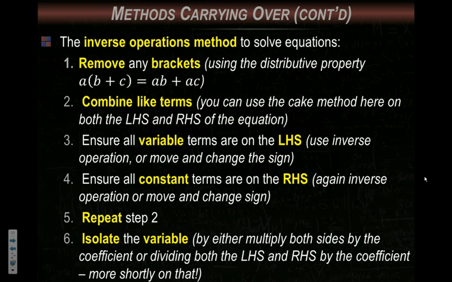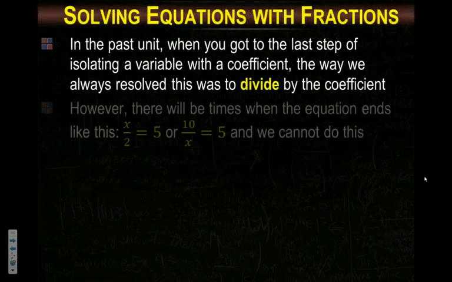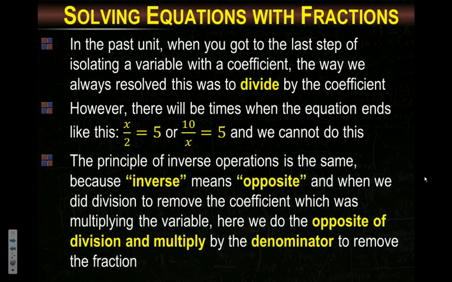The only maybe slight difference is now at step 6, we didn't do too many equations that involve fractions. But I am going to show you how that works in a second, okay? Other than that, it's essentially the exact same step-by-step process that you just did in the last unit. Now, when we bring fractions into the equation, we have to think about it this way.